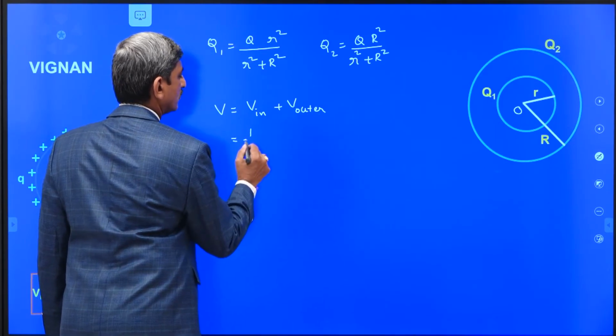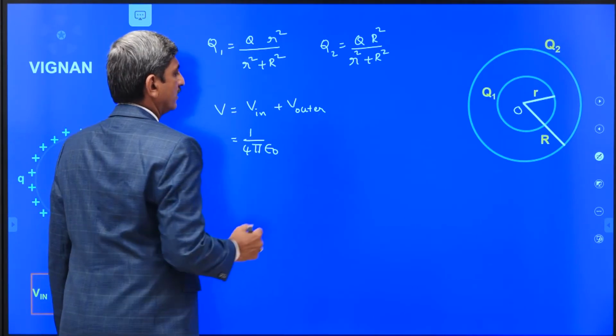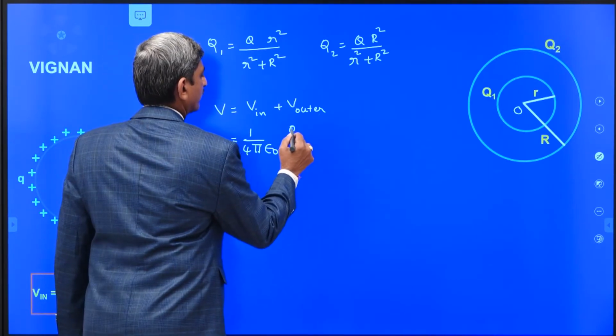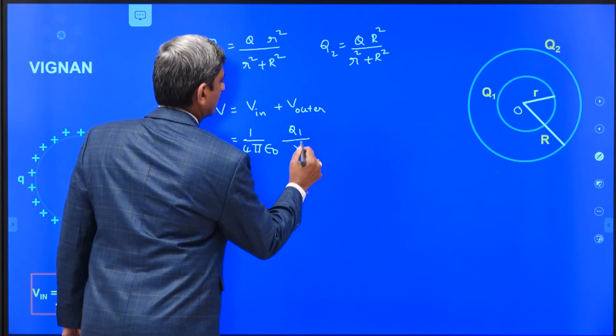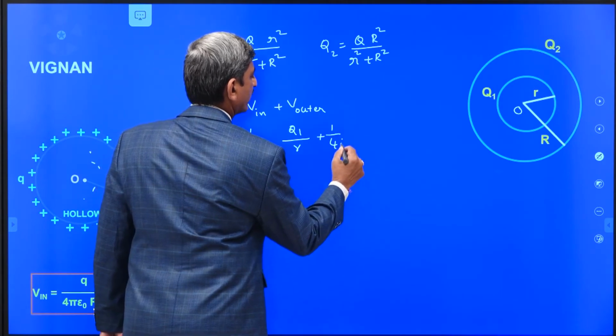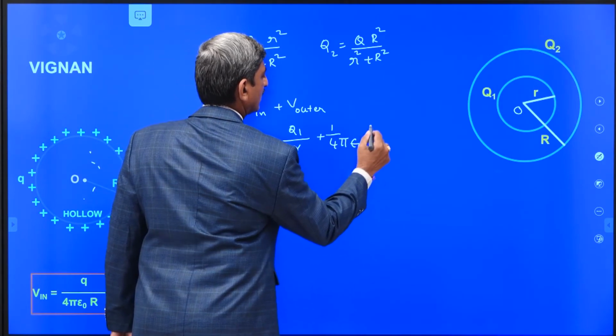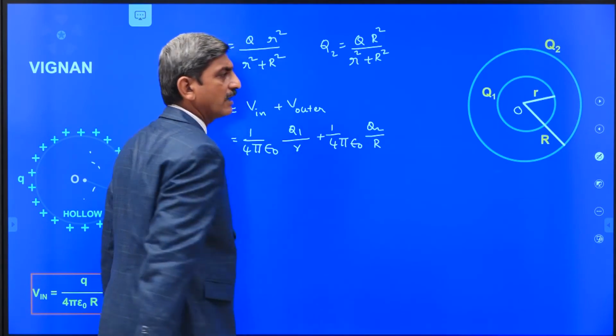This is equal to 1 by 4 pi epsilon naught times Q1 divided by small r plus 1 by 4 pi epsilon naught times Q2 divided by capital R.